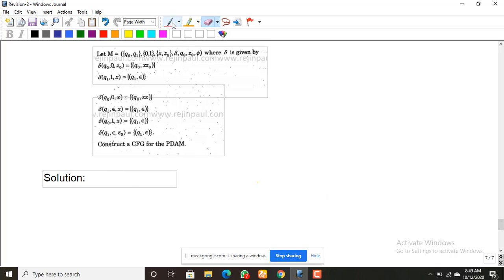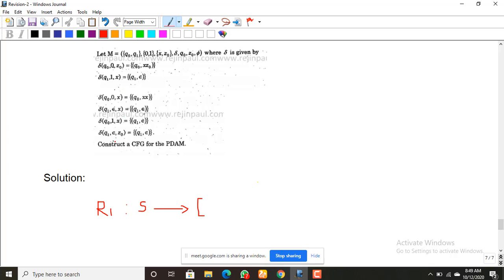This step is common to all such conversions. First I have to write rule number one.